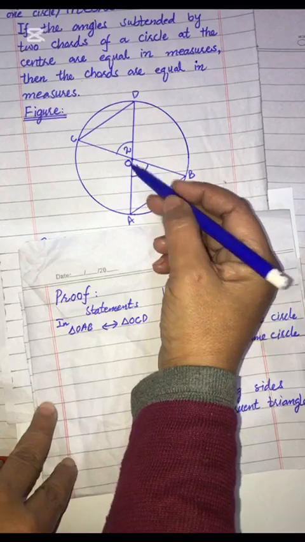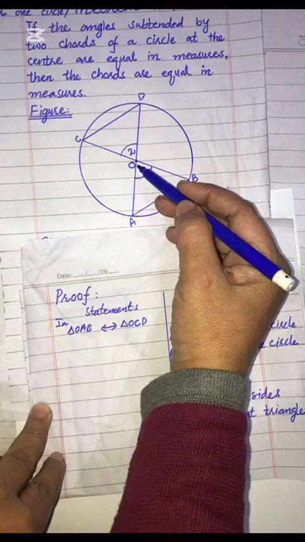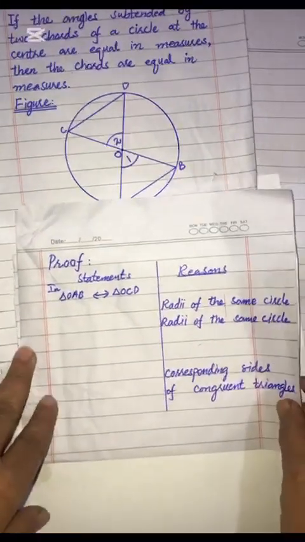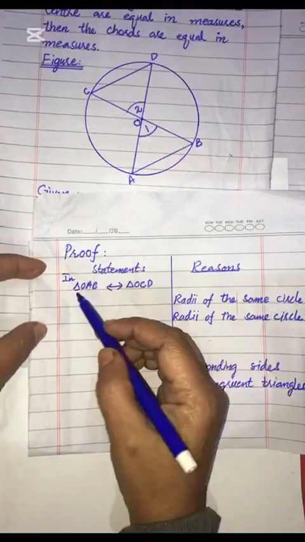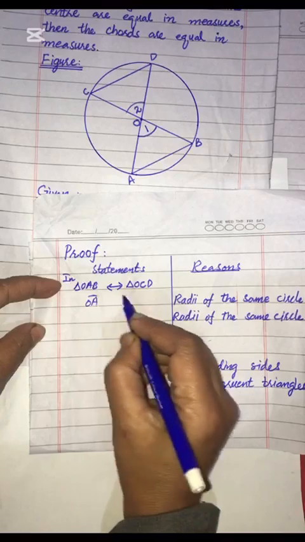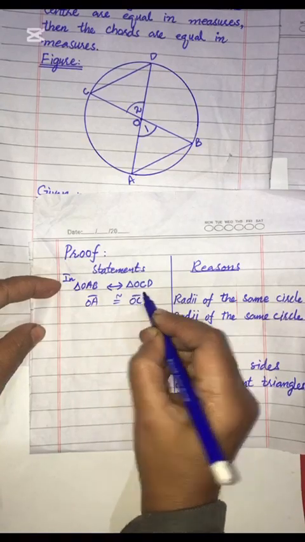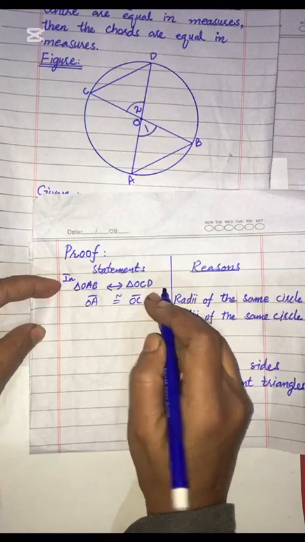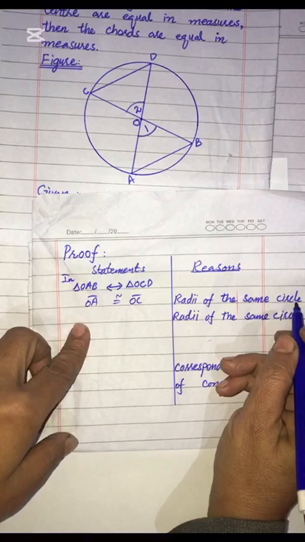Because OA, OB, OC, OD are the radii of the same circle. So when we are going to write the proof, we have the component of the triangle OAB, that is OA is congruent to side OC of the triangle OCD, because these two are the radii of the same circle.